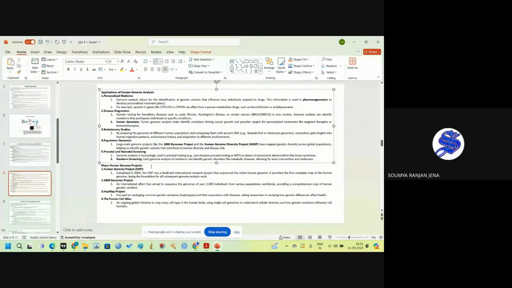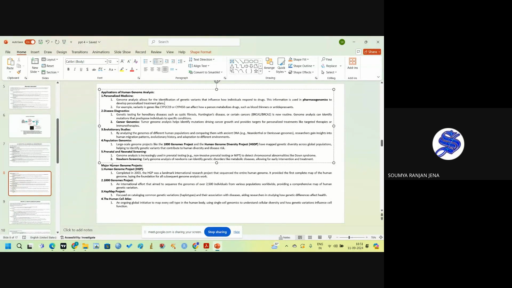And this is important: prenatal or neonatal screening. Nowadays, prenatal or neonatal screening is there for testing any mutation in our genome, for testing Down syndrome, Patau or Edward syndrome.